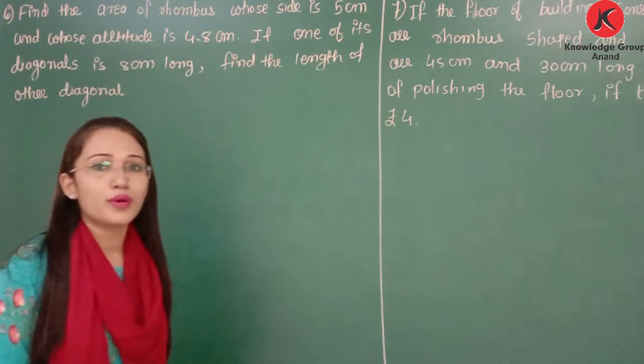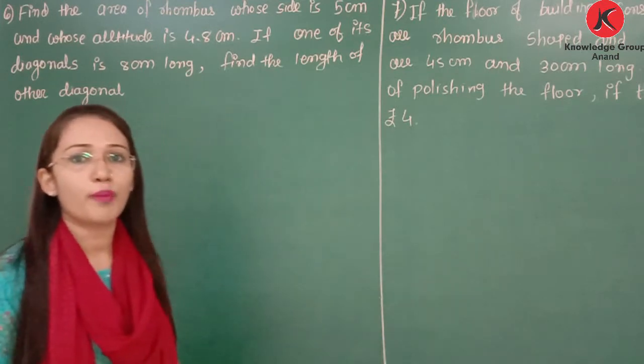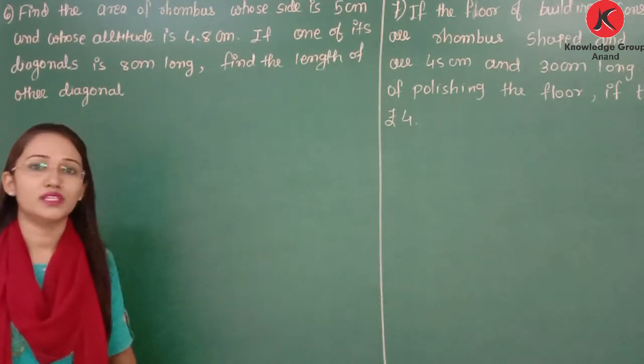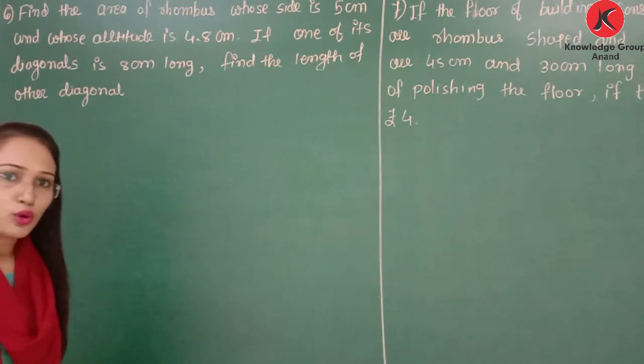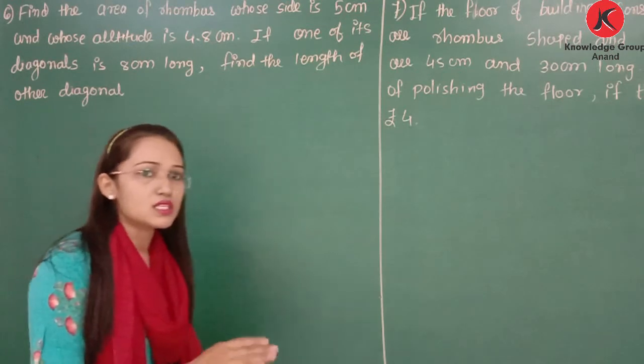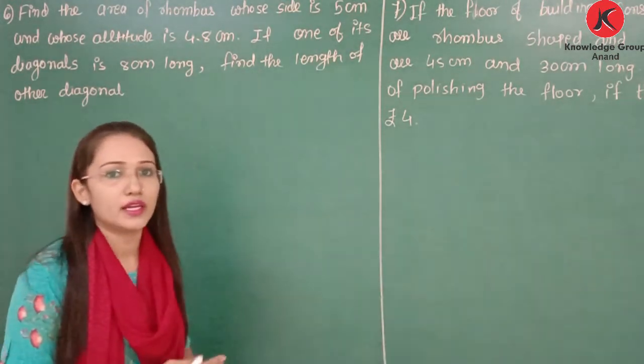Now we know that a rhombus is nothing but a parallelogram. And what is the equation for the area of a parallelogram? That is height multiplied by base. What is the height? It is the altitude. Again, we know that a rhombus is considered as a parallelogram because all properties of a parallelogram are there in a rhombus.